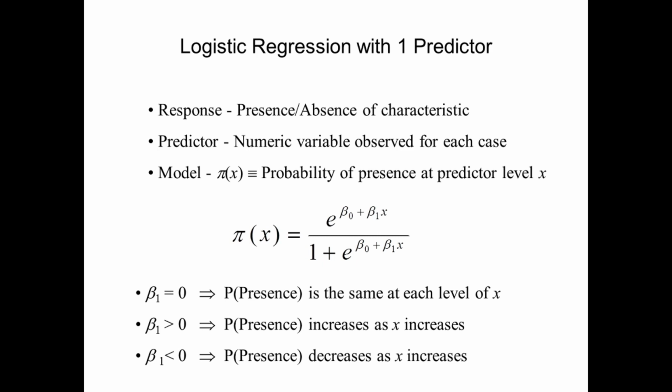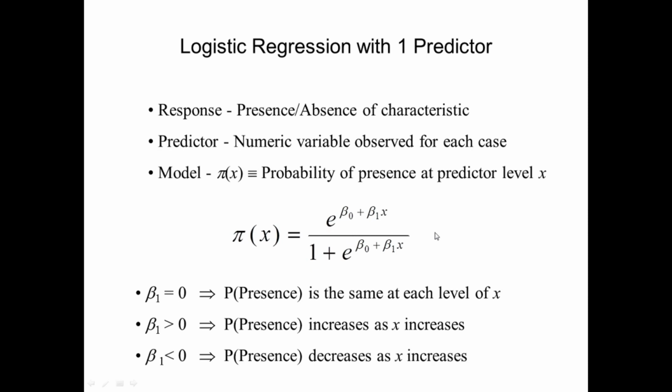If we express the probability as P of x, then in the two eventualities, presence and absence of a characteristic, the probability of presence is 1 minus the probability of absence using this relationship.